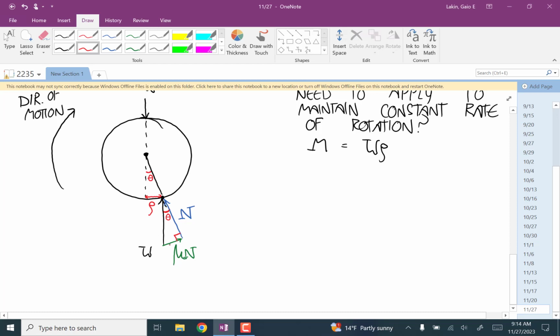Given that we know the legs of this right triangle, we can figure out that angle theta. And since we know this is the radius of the whole axle, we can use that angle to figure out that rho vector.